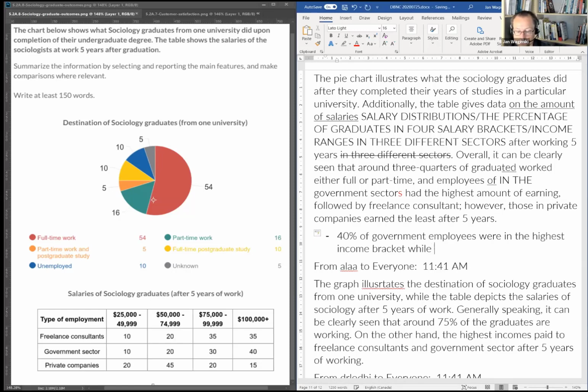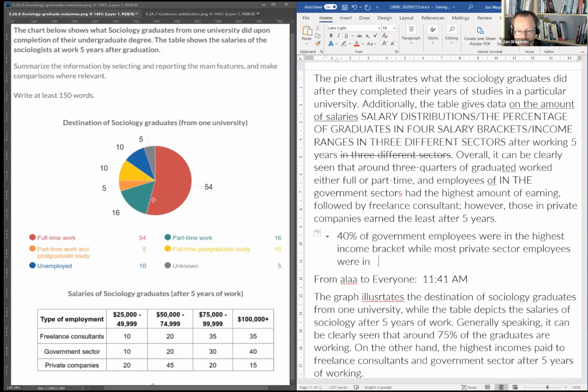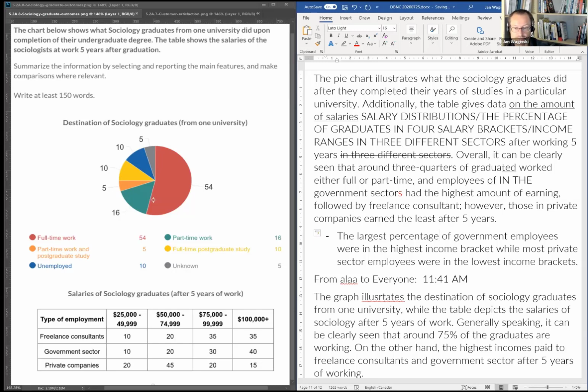While most private sector employees were in the lowest income brackets. Or we can say the largest percentage. Now, I'm not saying the majority, because it's not over 50%. I'm saying the largest percentage.